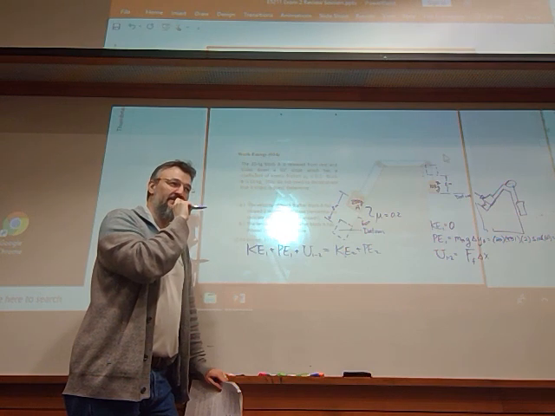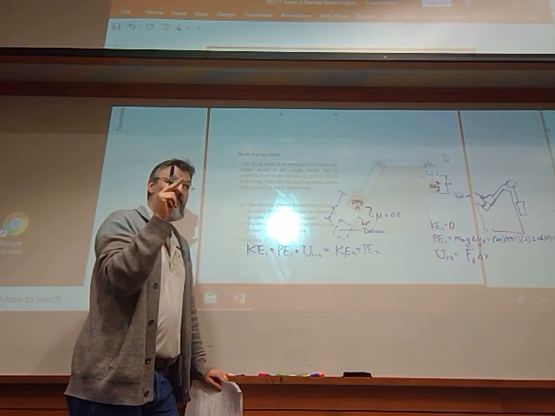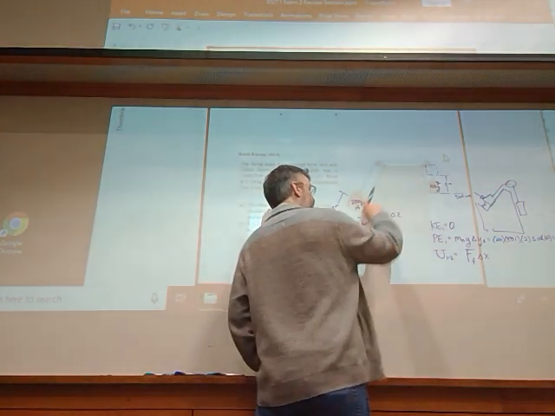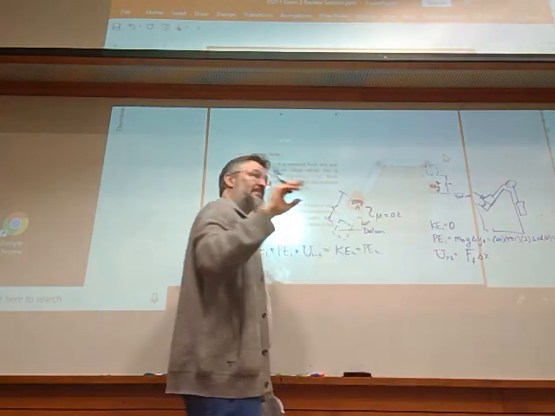It's positive or negative? It's negative. You can think of it in two different ways. One, the friction force is going that way, but the motion is going this way, so they're opposite from each other.